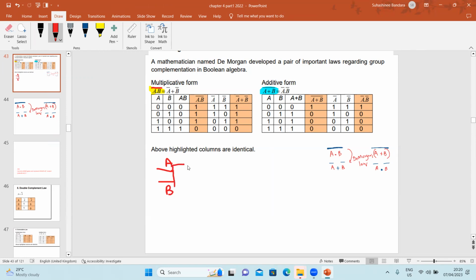That means what? Multiplication is there, A dot B. So the bar means NAND gate. So it is equal to A bar plus B bar.